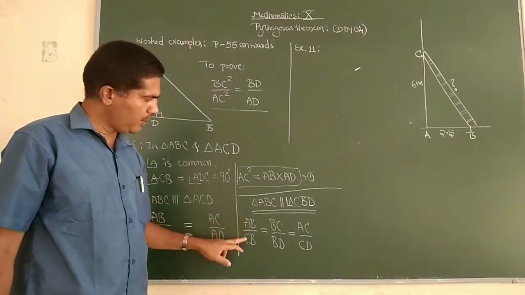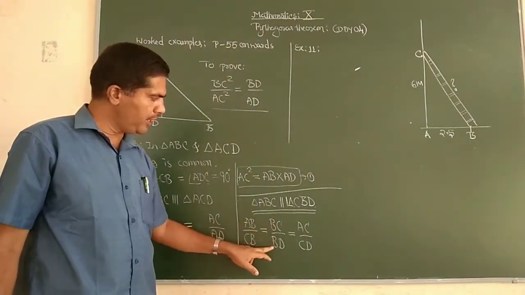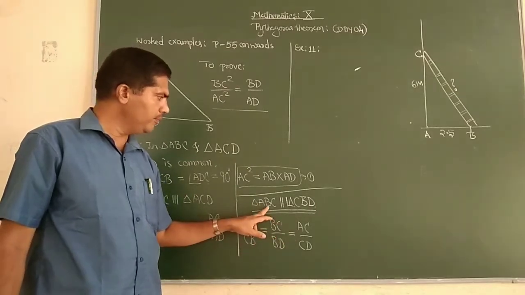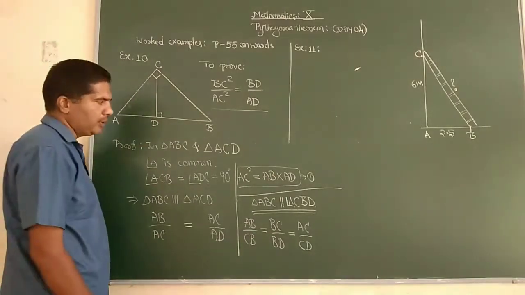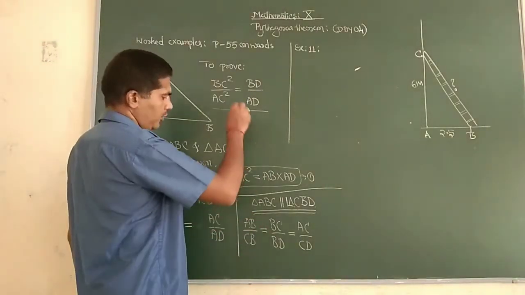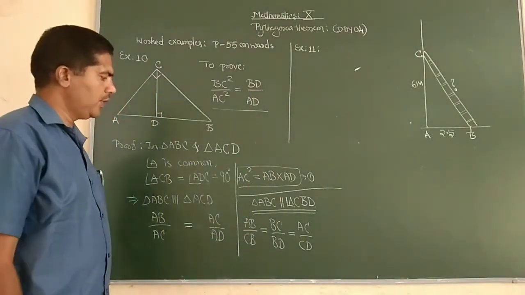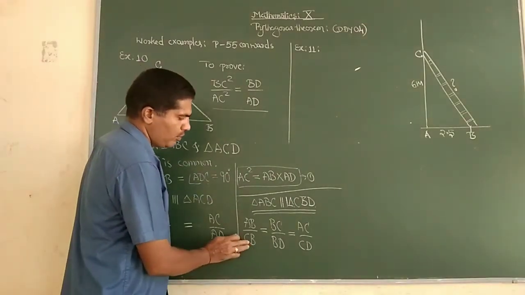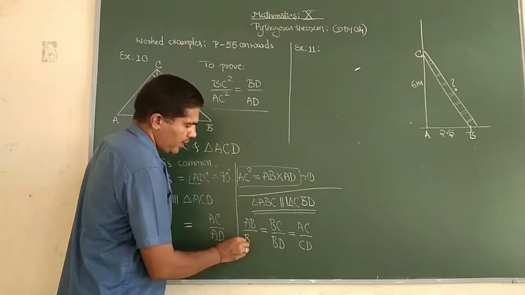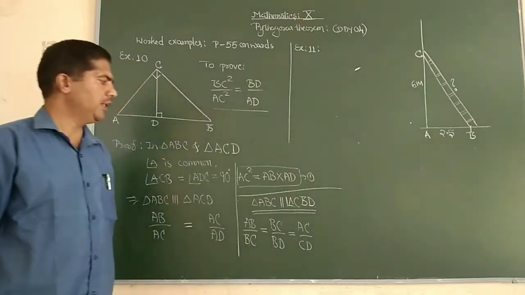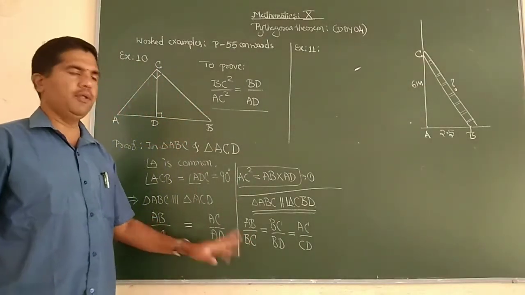AB by CB you have, BC by BD you have, and AC by CD you have. So where are the common things you are supposed to find? You are supposed to find BC square. So here BC or CB both are same. For your work to be easy, write it as BC. Initially I wrote CB, this is equal to BC.